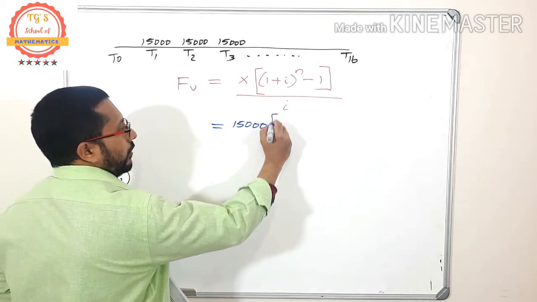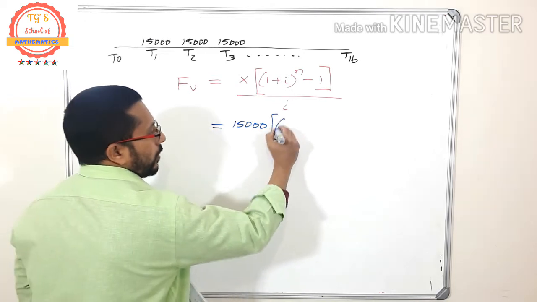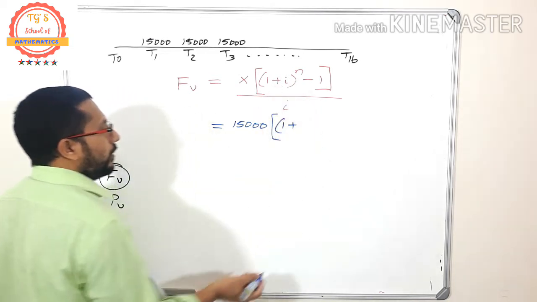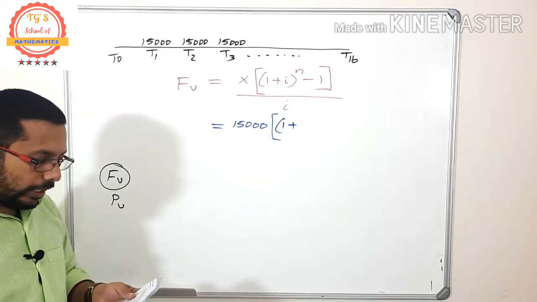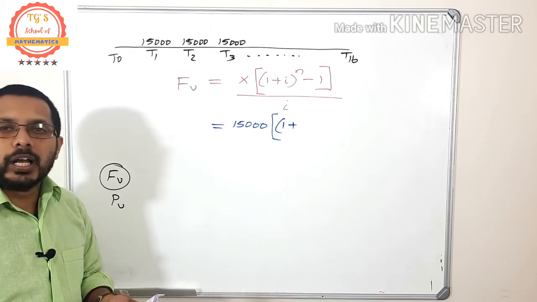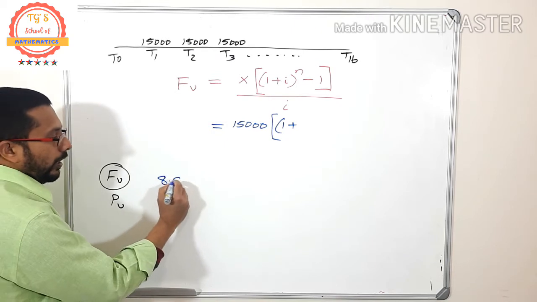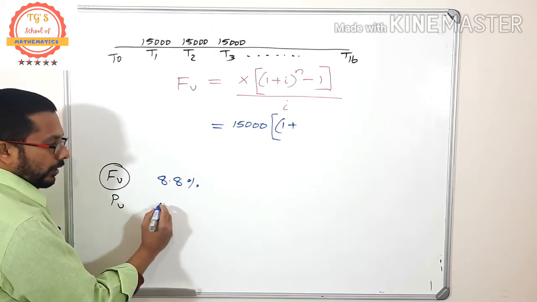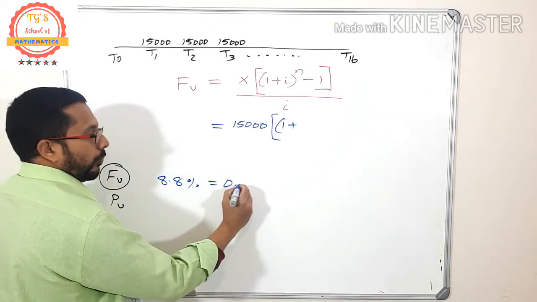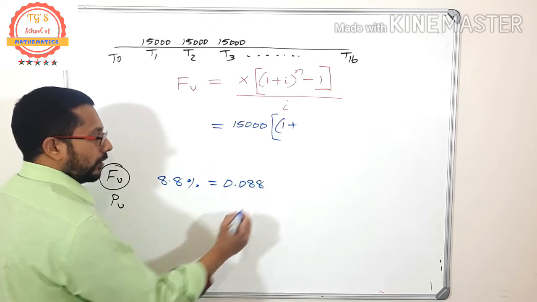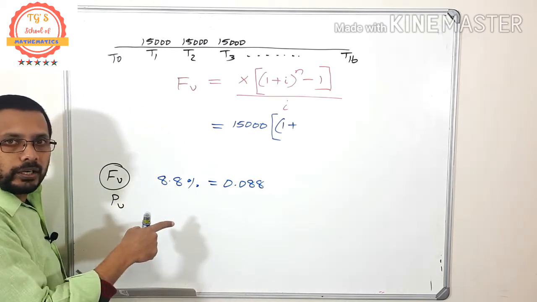15,000 times (1 plus, what is the interest rate written there? 8.8% per annum compounded quarterly. 8.8% is the same as 0.088. That means you divide by 100, you know that one.